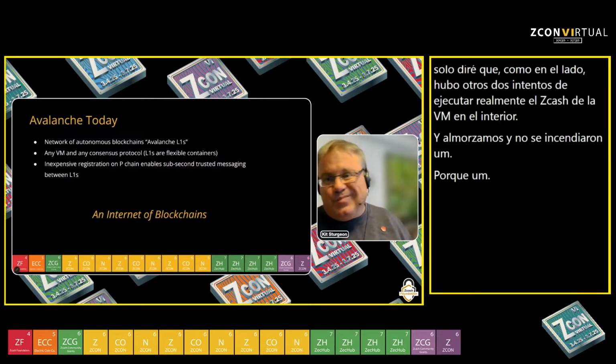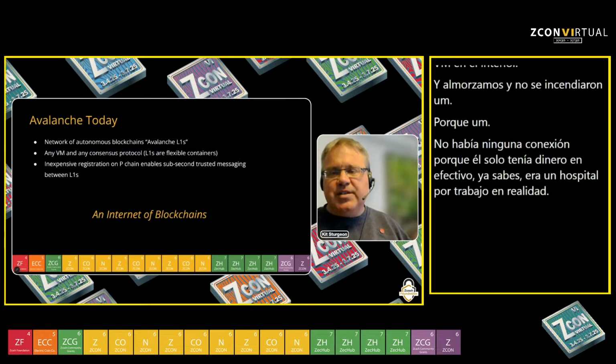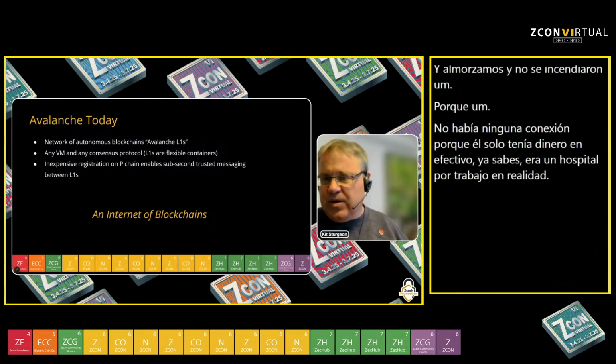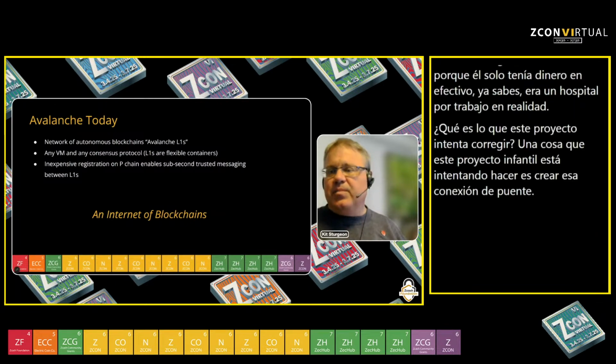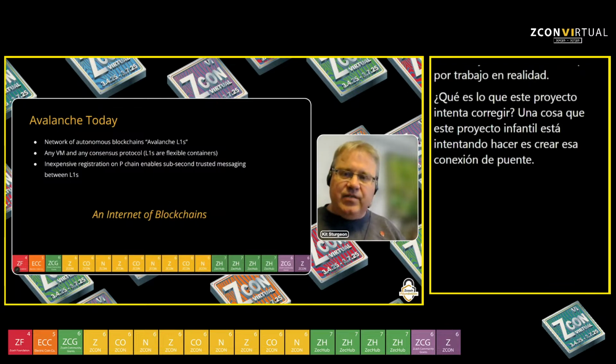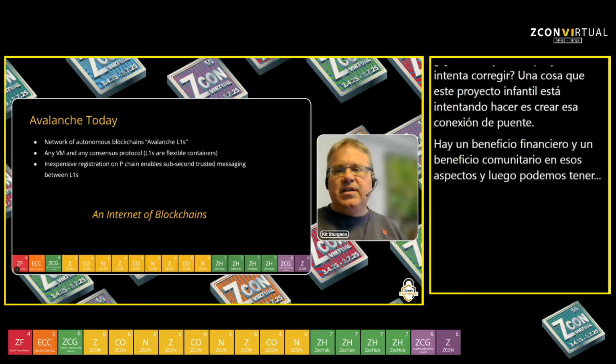It was just a hostile fork, really. So one thing this project is trying to correct is to create that bridging connection. So there's financial benefit and community benefit on both sides, and then we can have a Zcash VM running on the Avalanche side eventually in the 3rd phase.